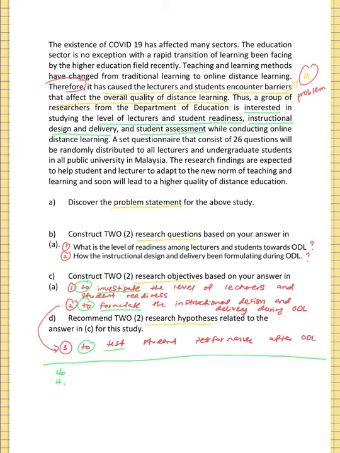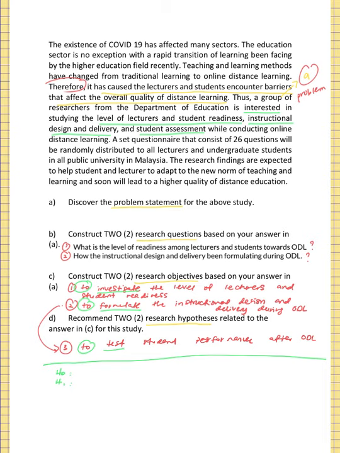Null hypothesis, ayat dia mesti ada words no different. Kalau H1, there is difference between male student and female student, for example lah. H0, no difference, dia tak ada beza lah. Contoh kalau kita nak study before and after you attending certain training.